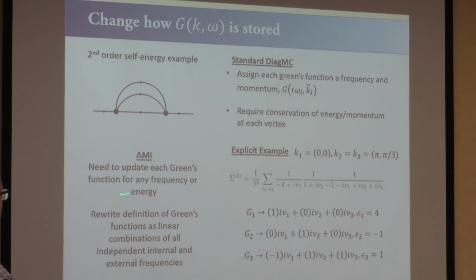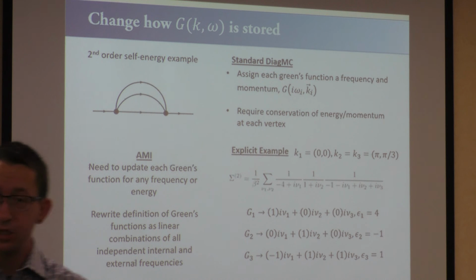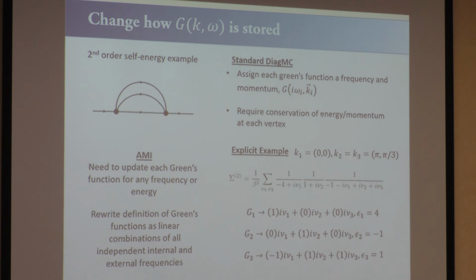Right. So in order to implement such a problem that's just a symbolic representation of all these integrals, we need to update each Green's function for each frequency and energy. But in order to do this, we should rewrite each Green's function as a linear combination of all possible independent frequencies and independent momenta.